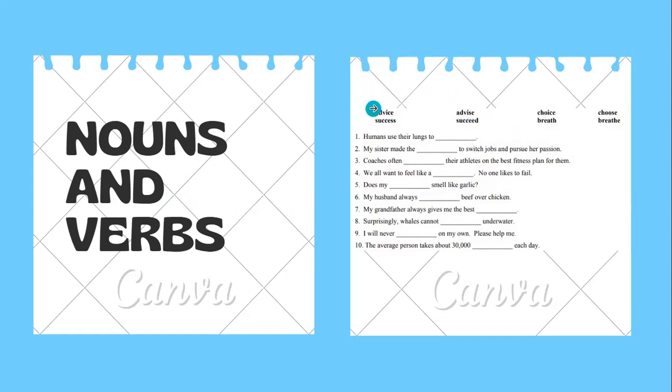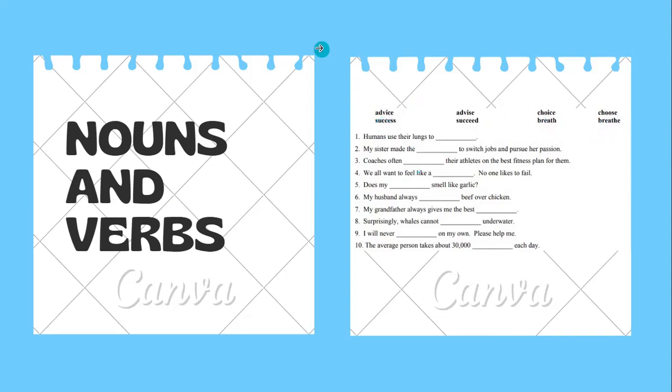So we know that advise is the verb form and advice is the noun form. And choice is the noun, choose a verb. So success is a noun, succeed is a verb. Breathe and breath. Breathe is the verb form and breath is the noun form.